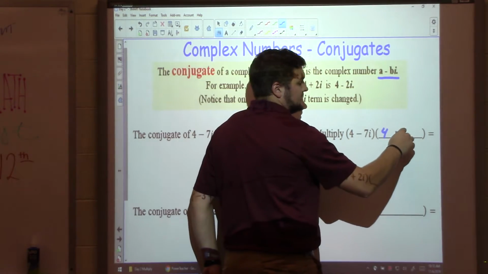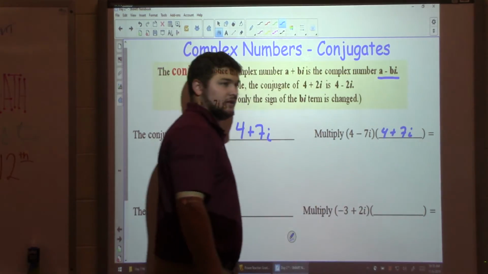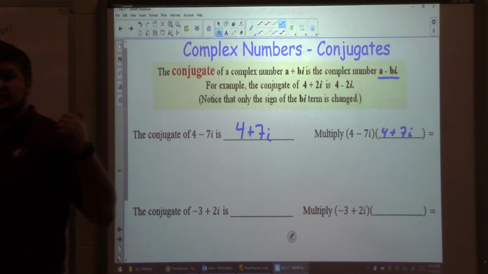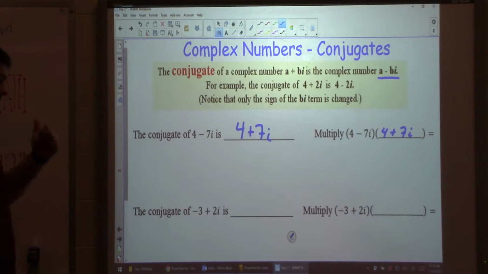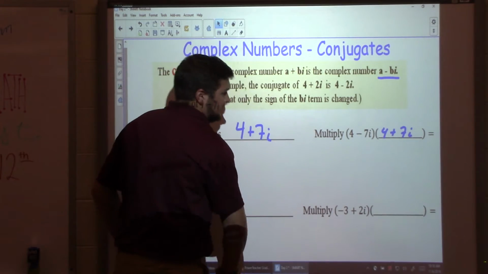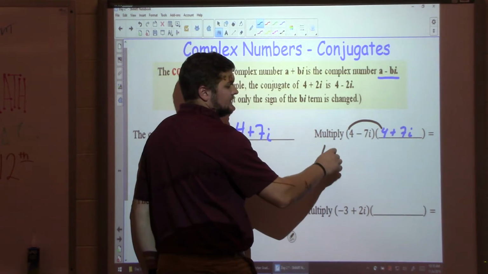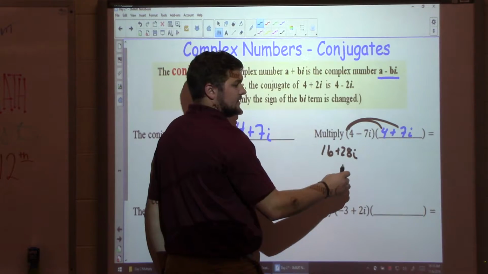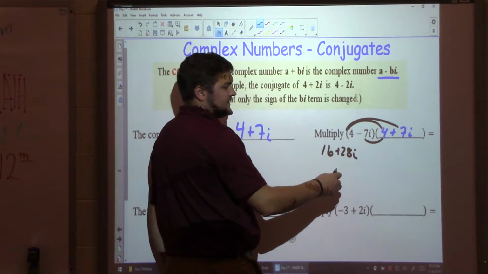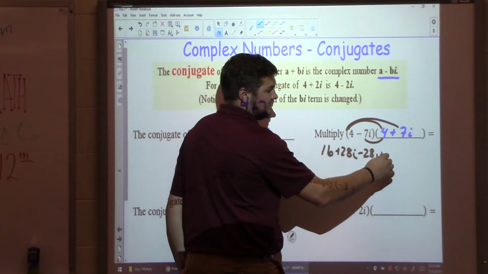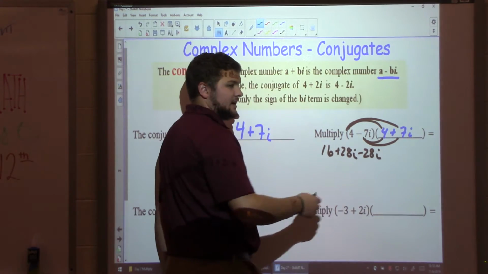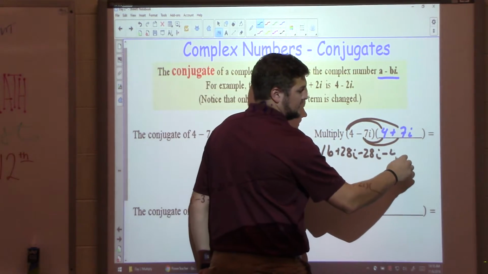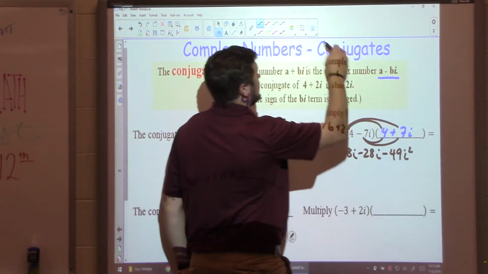Now it wants me to multiply them. 4 minus 7i times 4 plus 7i. How do I multiply things like that? Foil. 4 times 4 is 16. 4 times 7i is plus 28i. Negative 7i times 4 is minus 28i. Negative 7i times 7i is negative 49i squared.